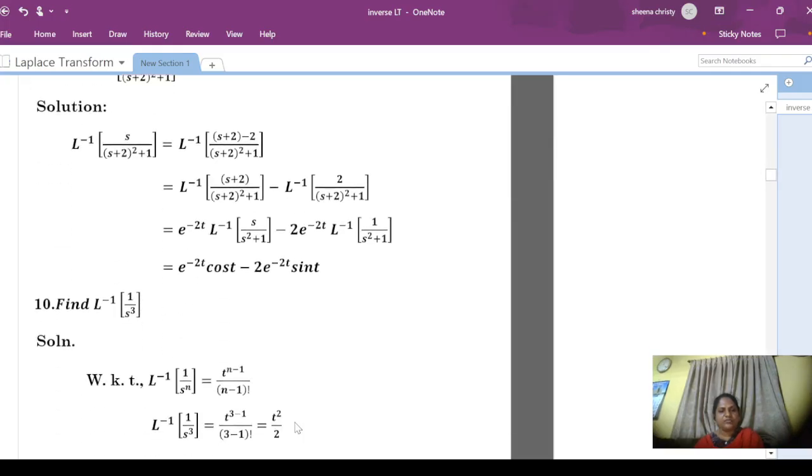Find L inverse of 1 by s power 3. So we all know the formula for L inverse of 1 by s power n. When n is an integer, you have the formula t power n minus 1 by (n minus 1) factorial. This you can apply for n an integer.